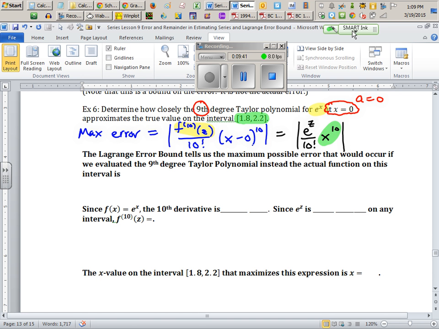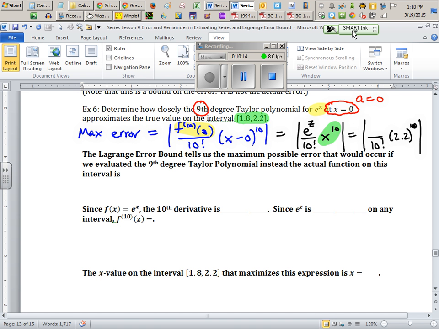The 10th derivative of e to the x is still e to the x, because it's the 10th derivative at z, not the 10th derivative at x. So I am picking the largest x I can because that will make x to the 10th as large as possible. So this is 2.2 to the 10th. Probably don't really need the absolute values here.